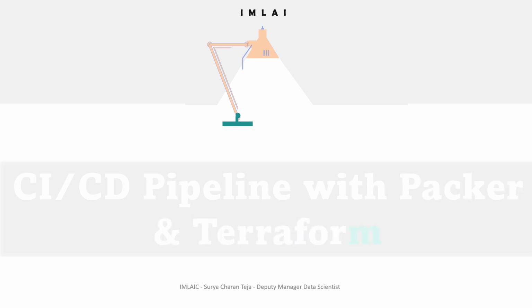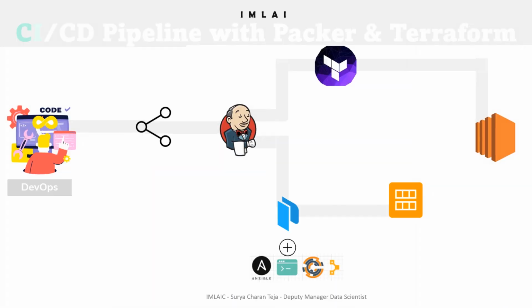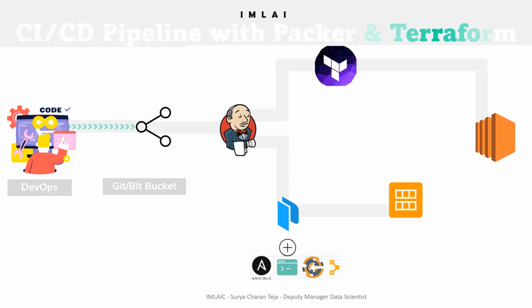Okay, we're going to wrap up this part with this one. Let's jump into it. It begins with the DevOps guys, Dev plus Ops. I'm saying both. It's not just a developer or an Ops guy. So the Dev plus Ops guys push the code into either Git or Bitbucket, whichever one.